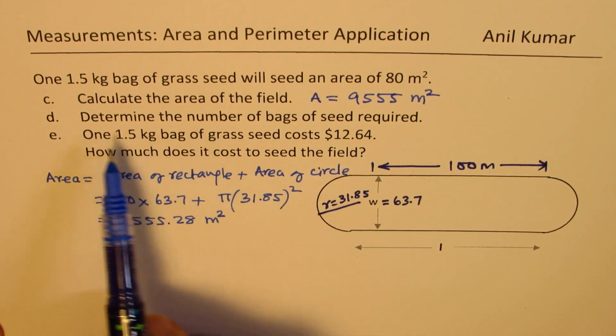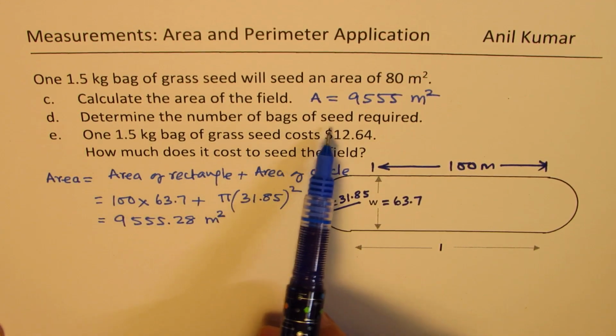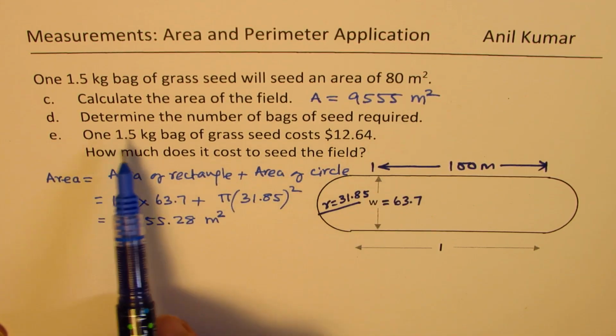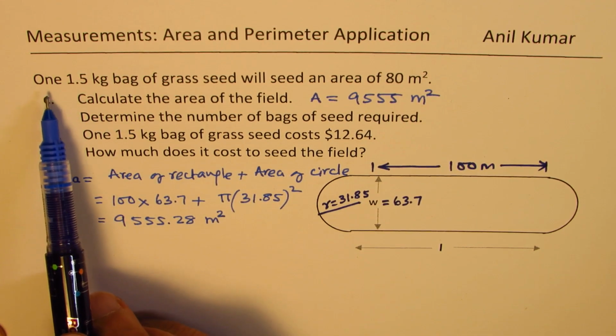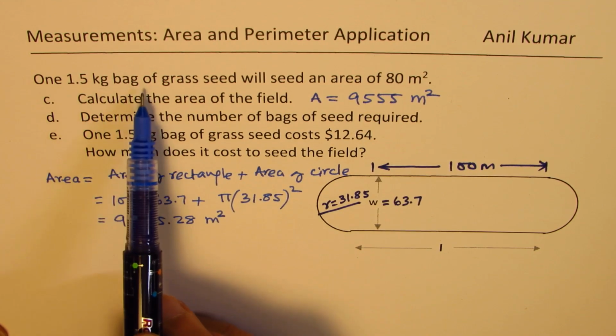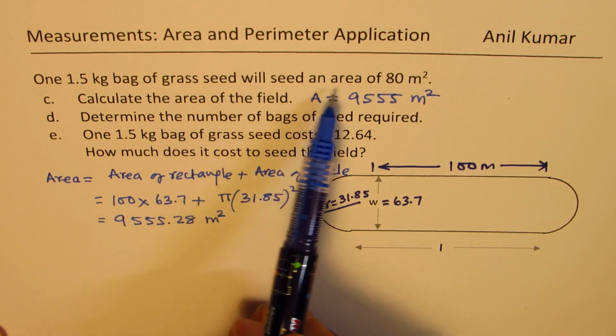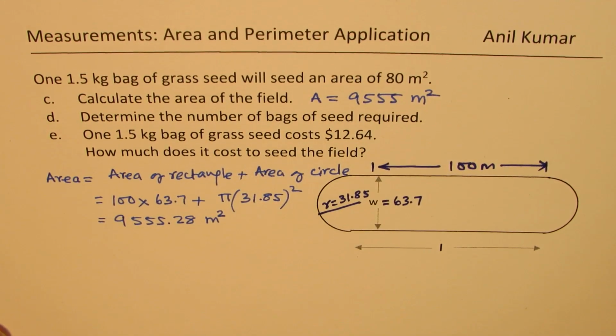Now, determine the number of bags of the seed required. Now, we are also given the information that 1.5 kg bag of grass seed will seed area of 80 meters square, right? So we'll use this information to find the number of bags required.